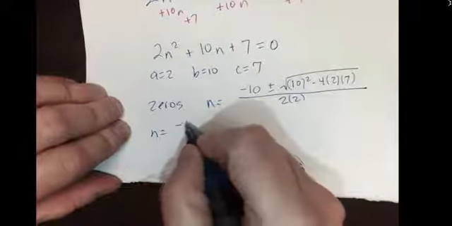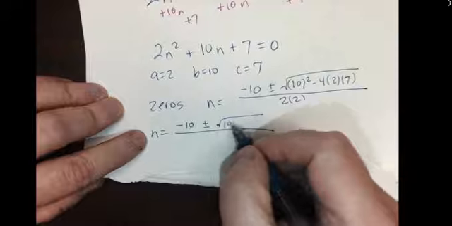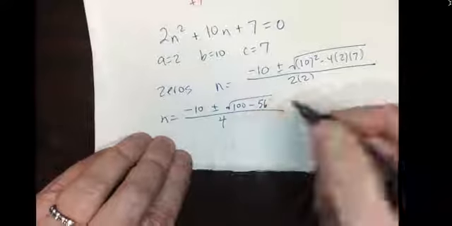So my solutions are going to be negative 10 plus or minus the square root of 100 minus 8 times 7 is 56, over 4.